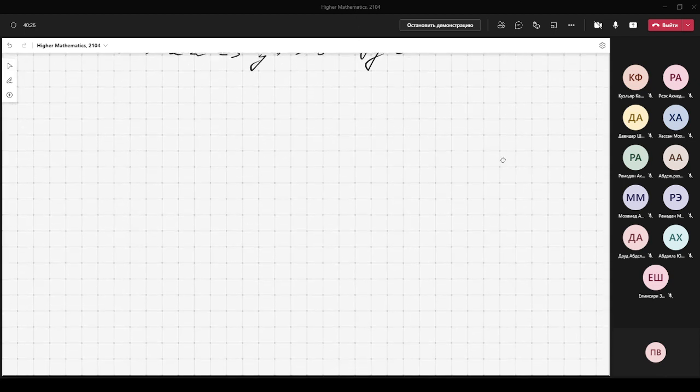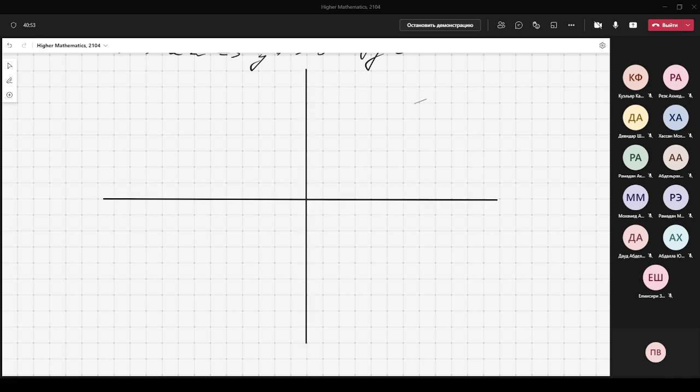Using this calculation, we must plot the table, but I don't do it now because I don't have a lot of time. You can make the table yourself.